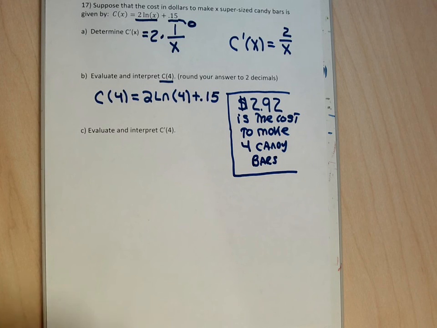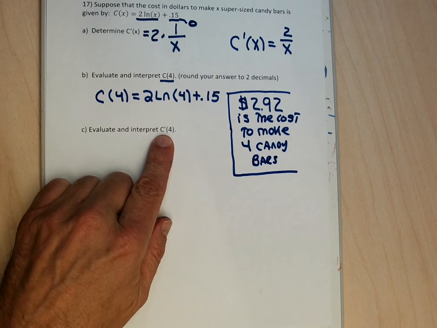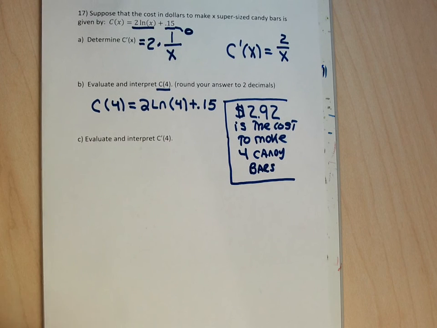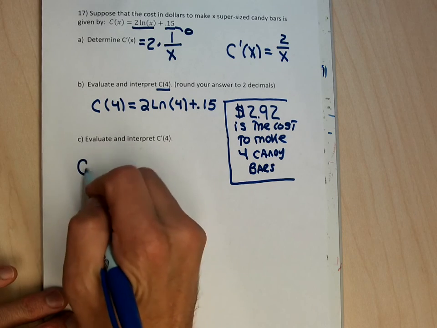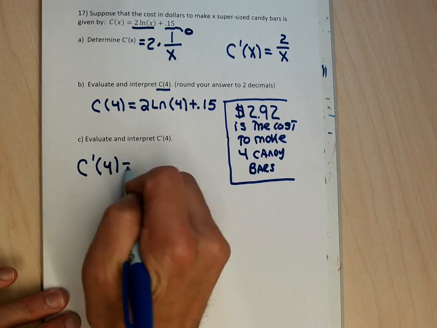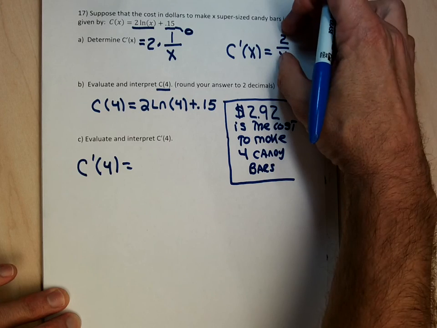Part C wants me to plug a value 4 into the derivative. The derivative is the marginal cost function. When I plug a value into the derivative, it doesn't tell me the total cost, it tells me the cost of making the next candy bar. So let me do C prime of 4 real quickly. To do C prime of 4, I'm going to plug 4 into this function for x.